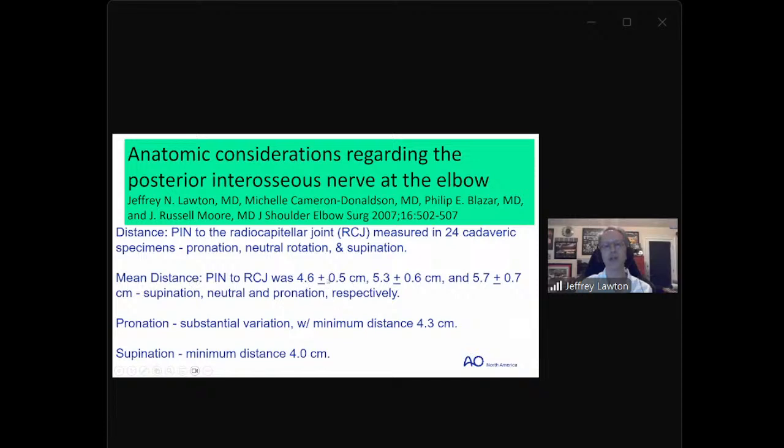The average was about 1 centimeter of motion, but when you look at all those cases, there was a lot of variance. So the difference in the excursion of that nerve from full pronation to full supination was minimal and basically statistical error, meaning you can't rely on that nerve to move like the textbooks say.